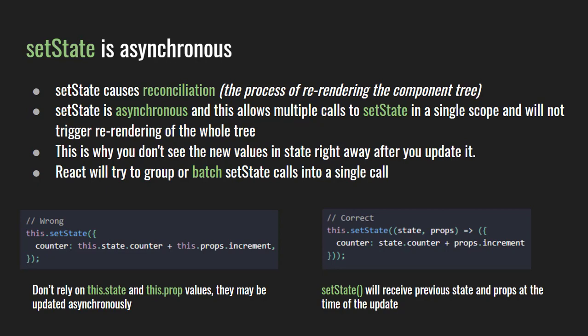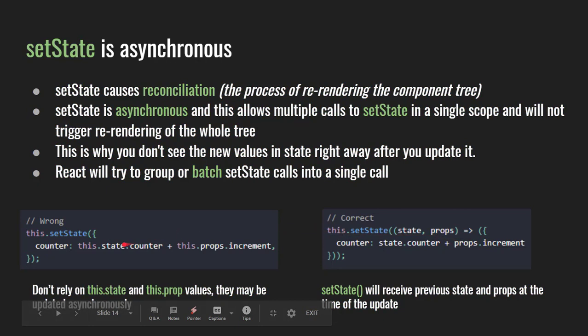So on the left here, we have the wrong way to set state. Don't rely on this.state and this.props because they may be updated asynchronously. The right way to do it, if you can see this, is using a function, and this parameter should really be called previousState. So setState will receive the previous state and the props at the time of the update. It's going to do that reconciliation where it's taking the previous state counter and the current props increment, and it's going to do the merging for you.